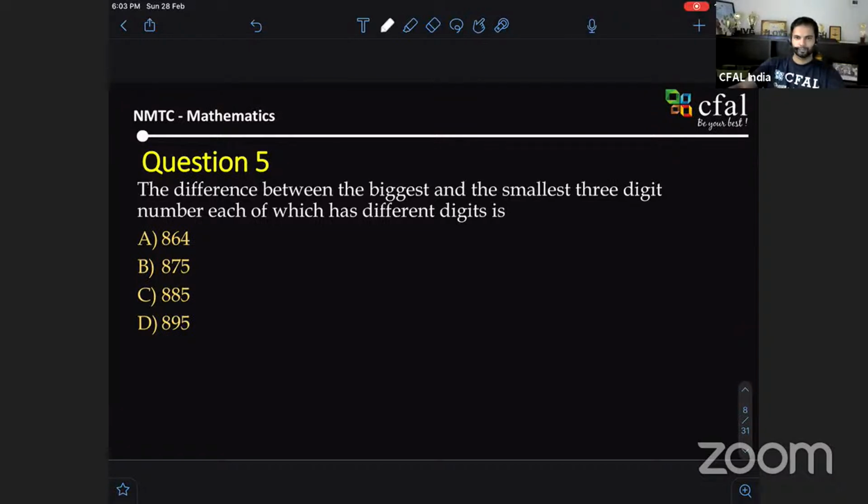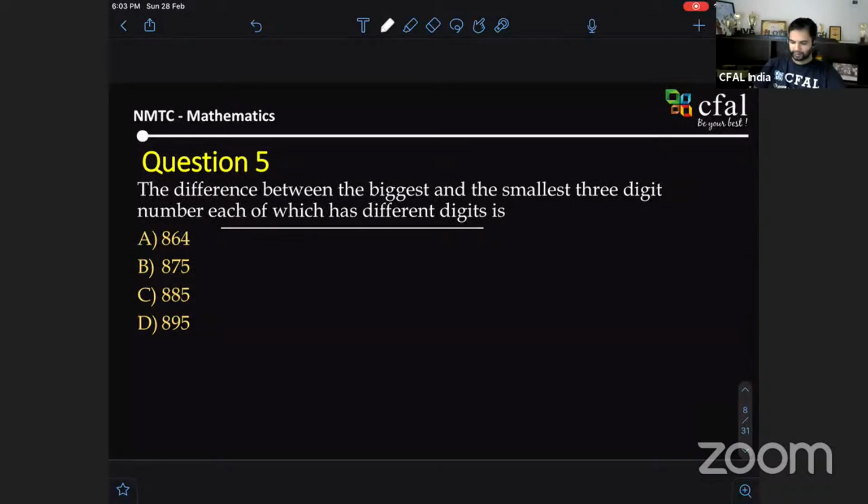Yes, sir. Did you find the biggest 3-digit number? The biggest 3-digit number, yes, sir. Yeah, what is it? 999. Did you read the statement? Each of which has different digits. Yes, sir.